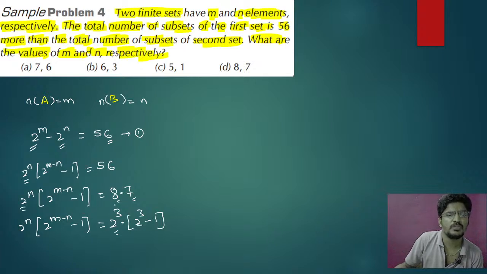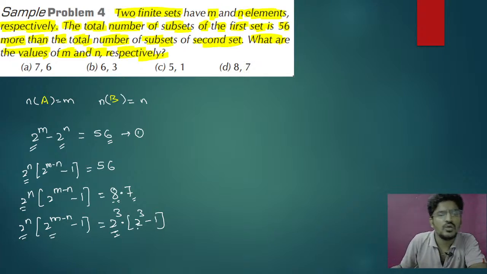You can just compare this as 2 to the power of n equal to 2 to the power of 3, and 2 to the power of m minus n minus 1 is equal to 2 to the power of what? 7. Okay.